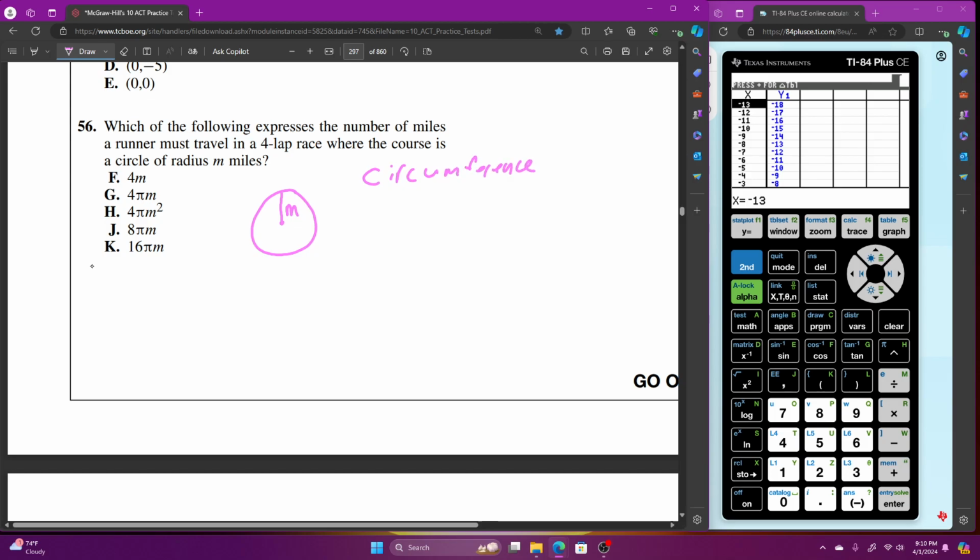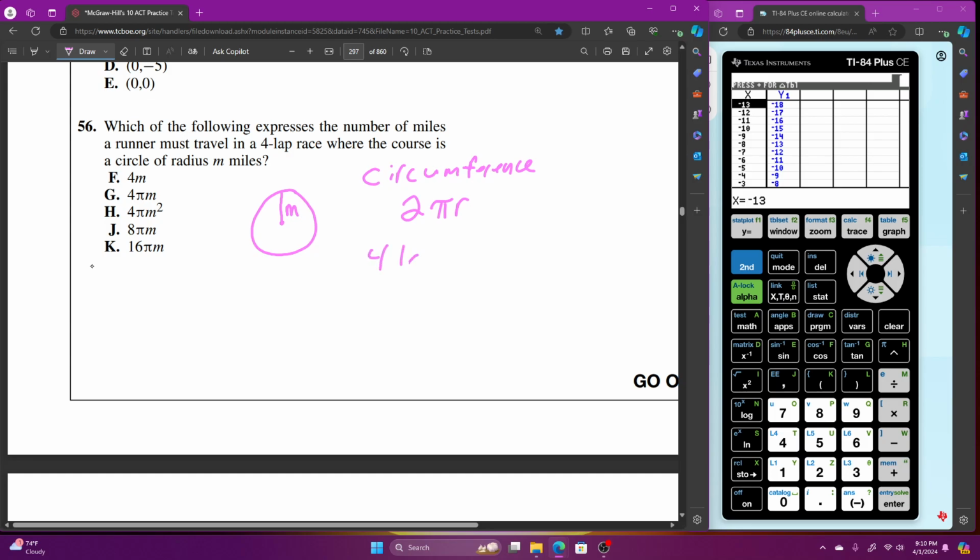And if you've studied for the CLT, you know this is one of the first formulas they give you on that reference sheet. But on the ACT, they don't give you a reference sheet at all, so you'd have to have this memorized. The formula for circumference is 2 pi r, and we're going to do 4 laps.